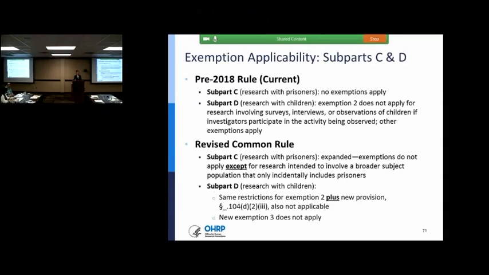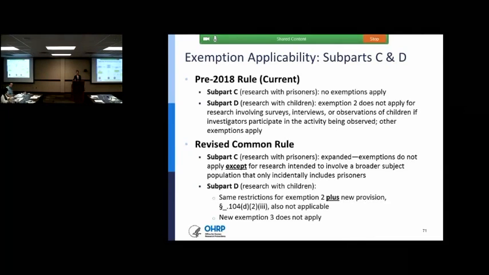In the revised common rule, it has the same restrictions for exemption 2, plus a new provision, and we can discuss what 104(d)(2)(iii) is when we get there. And then also, exemption 3 does not apply to research with children. And we'll cover that in more detail as well.